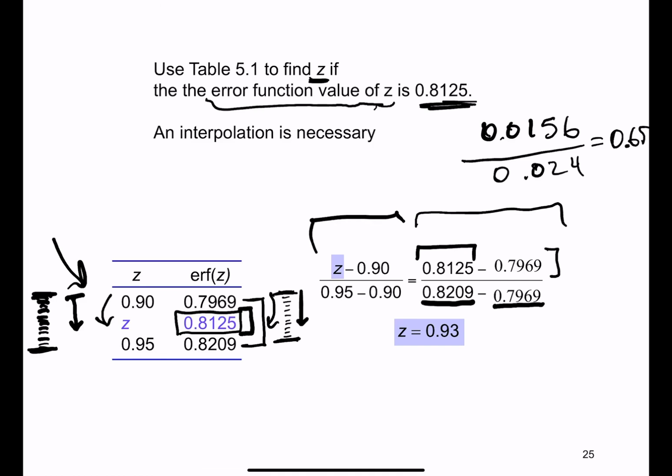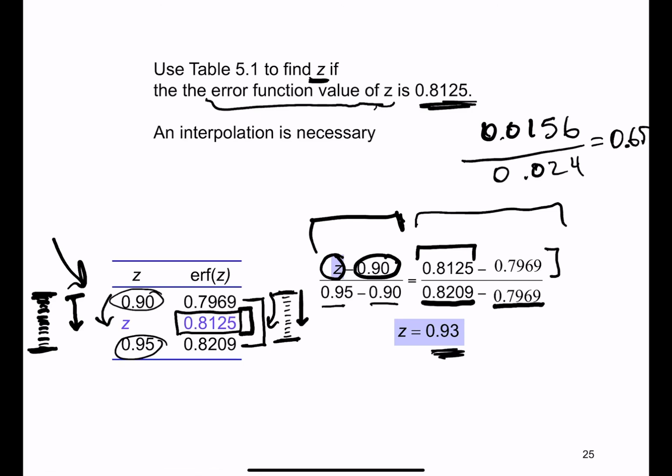So that's the logic of the left-hand side here, which is to say the two are going to be equal. Okay, so here we've got to solve for z, and in doing that with the same idea, the limits 0.9, 0.95, we see them in the bottom, non-negative entries down there, and the z value minus where we start at 0.90 is going to be our outcome.